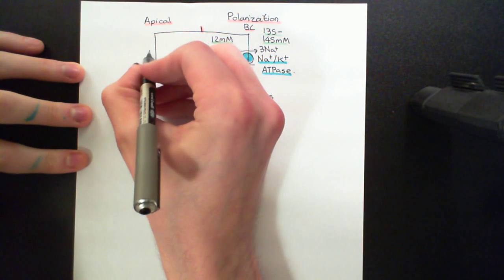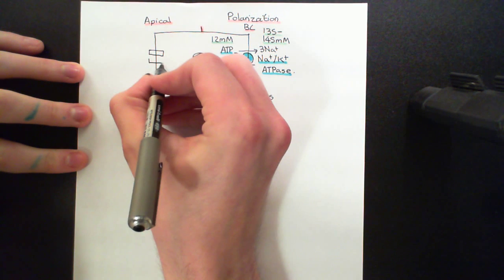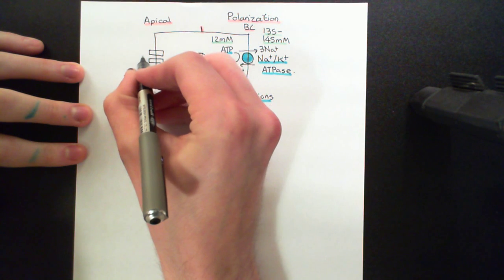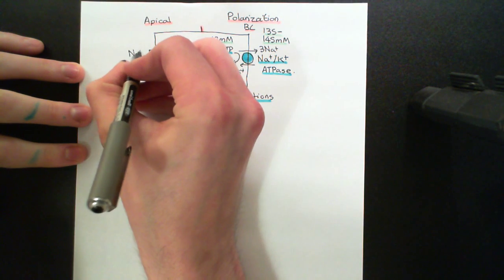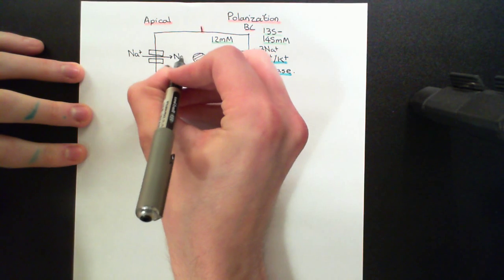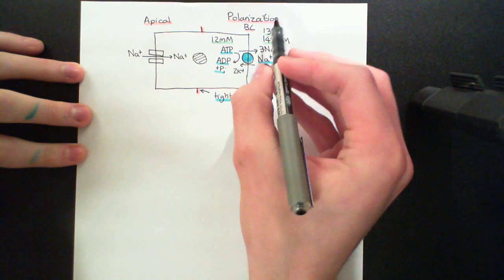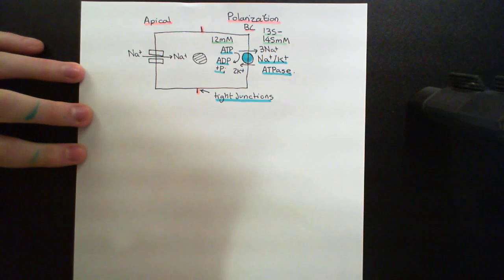Well, we don't need to use an active transporter at all, because we can just put a sodium channel in the apical cell membrane, and now the sodium ions will just move from the apical extracellular fluid into the cytoplasm of the cell, because they're going down their concentration gradient, because the concentration here will be similar to over there, because they're pretty much isotonic.